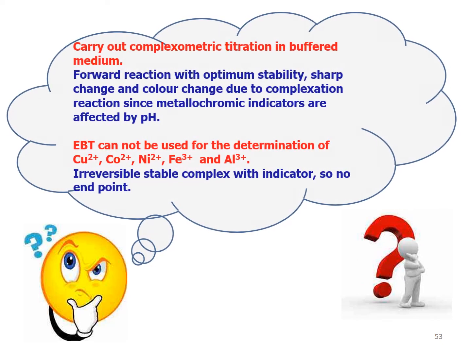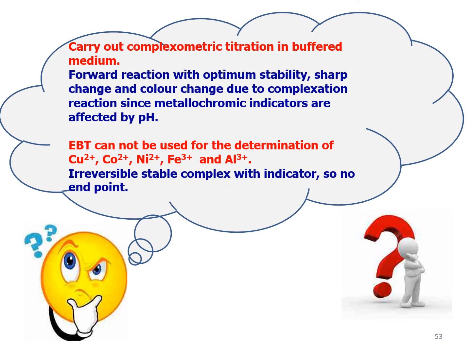Question: why should we carry out complexometric titration in buffered medium? We should state two answers. The first answer is to consume the hydrogen liberated from the reaction between the central metal ion and the EDTA, so that it could shift the reaction forward towards the formation of a stable complex.